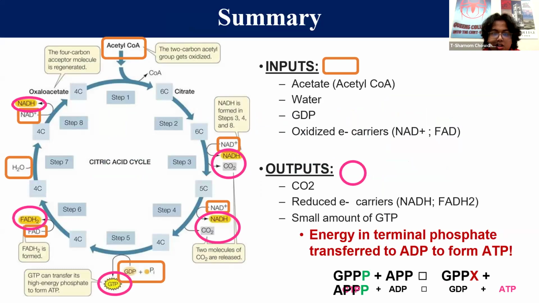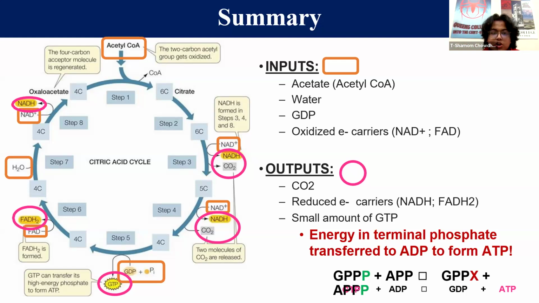After acetyl-CoA gets oxidized, NADH gets formed through NADP plus, carbon dioxide gets released, and eventually that acetyl-CoA releases carbon dioxide, produces a small amount of GTP, but its main function is to get NADH and FADH2, which are electron carriers. So that's the main function of the citric acid cycle.